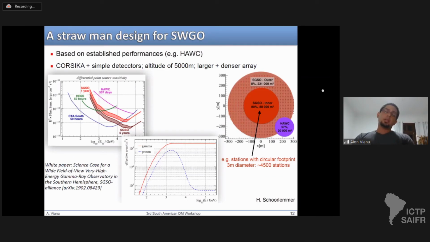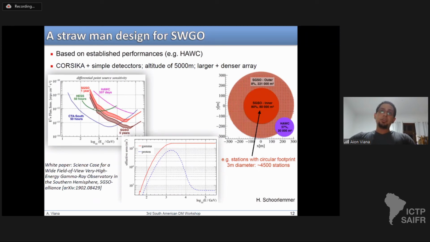Now, early last year, a white paper on the science of SWGO was produced, and in order to do these kinds of science estimates, a straw man design of SWGO was developed, basically taking HAWC as a basis and increasing HAWC tenfold, taking a very dense inner detector and an outer detector a little bit more sparse.